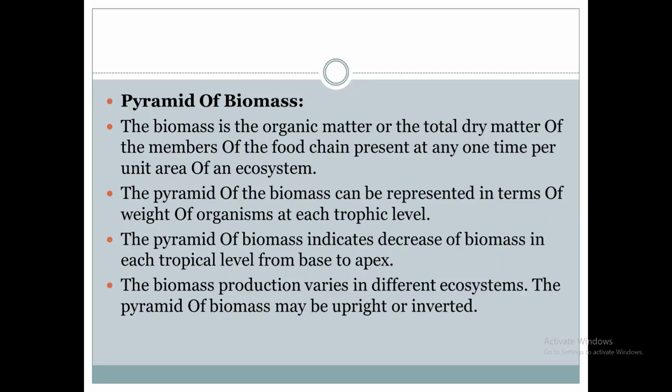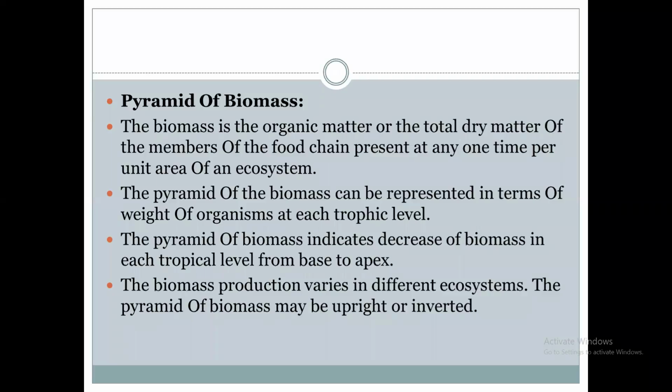Biomass is the organic matter or the total dry matter of the members of the food chain present at any one time per unit area of an ecosystem. How is biomass calculated? The weight of the number of the members of the food chain.